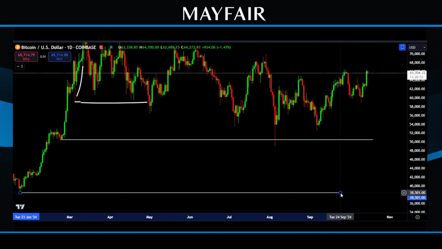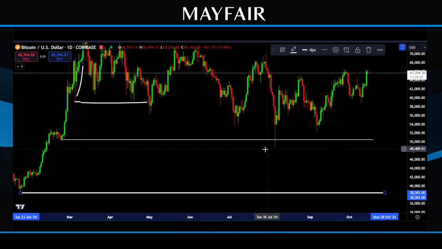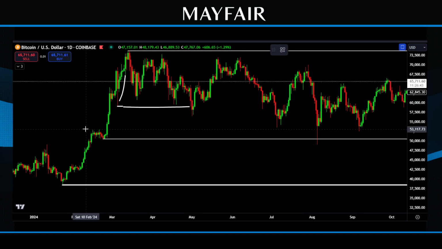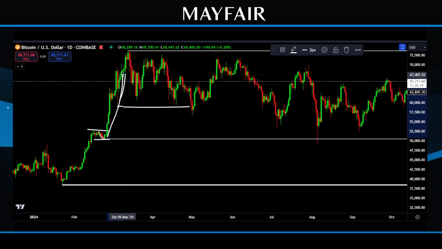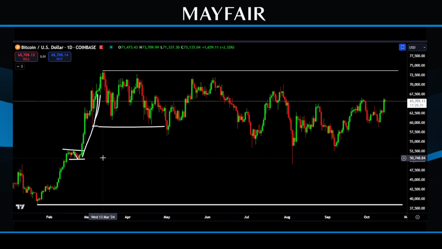So for me, there's a couple of things. I'm going to use this one as my outer level. I'm going to put that big. That one caused the first move up, a retest, which was tiny, and another move up. So this level was strong. This level has stayed strong, and this level has now been broken.